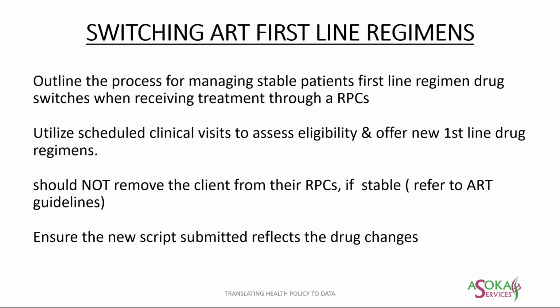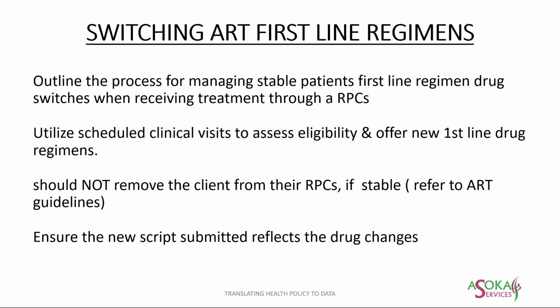We also saw switching of the ART first-line regimen as one of the types of care that we give. This is where a patient that has been on ART, and has been on an RPC for some time, is now eligible to be switched to the new first-line drug that we have in our system. So this SOP guides one as to how to go about it.